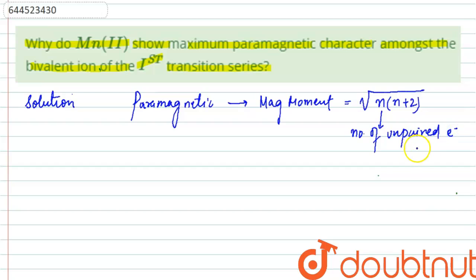So more magnetic moment means higher paramagnetic character. More unpaired electrons means higher magnetic moment, and that ion or compound will be more paramagnetic, right?